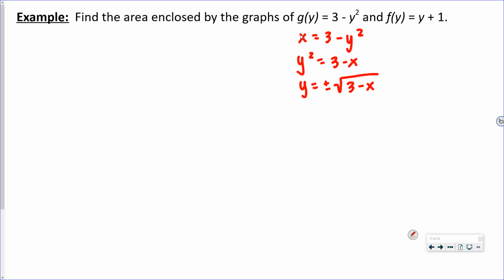All right, so now this is a square root curve. Couple transformations here. This is reflected, and it's shifted to the right 3. So it's going to look something like this. Or again, you could plug in a couple points, or if you have your graphing calculator available, you could graph this to get a better visual. So this is shifted to the right 3.